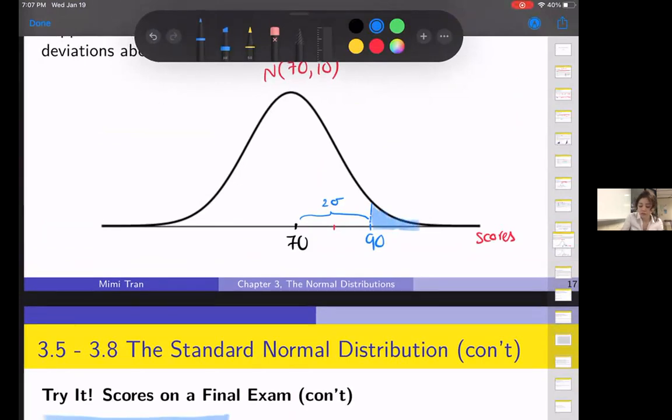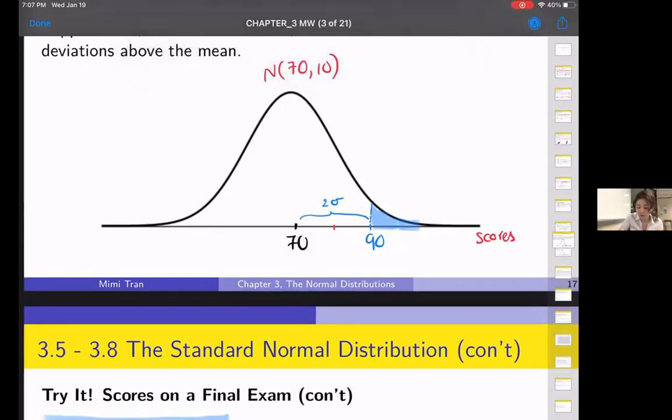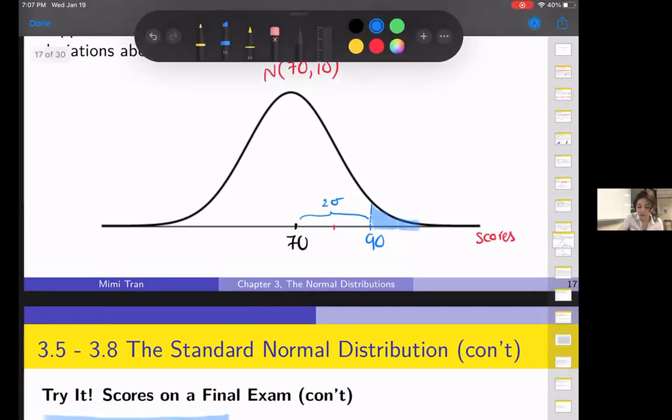Can someone tell me what is the area in the yellow area? Just approximately, can you tell me what is the area under the yellow part?